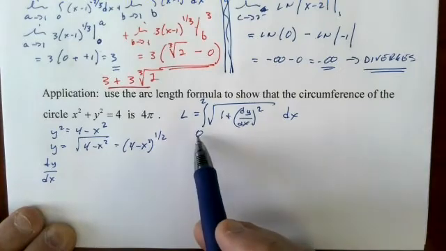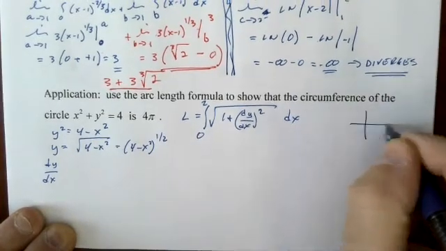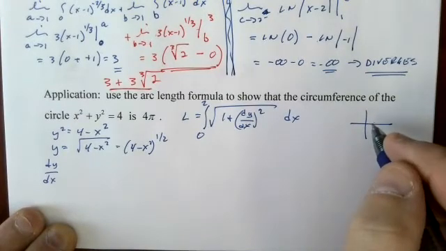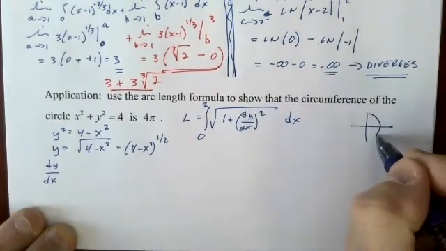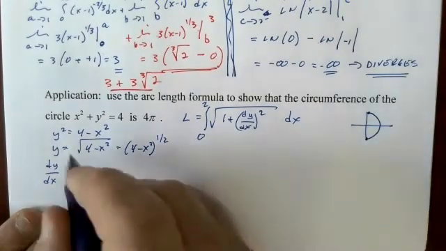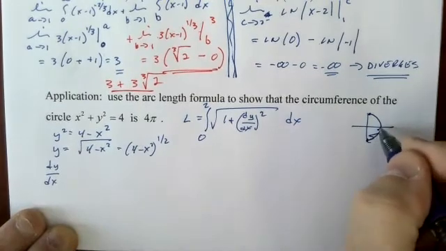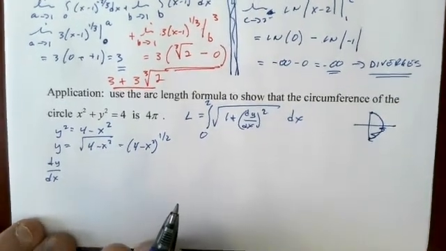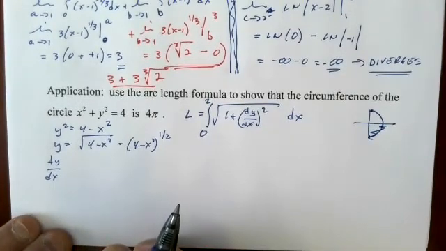I need to think about this from 0 to 2. Oh no, that would be plus or minus, so it's not even that. It's just here, 0 to 2. So why do I need all this stuff?